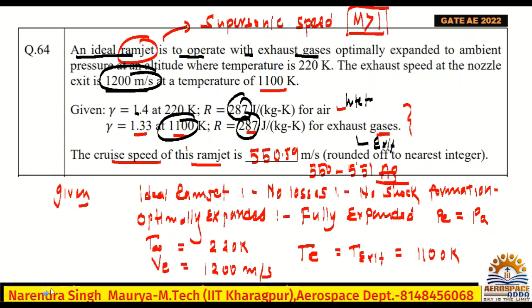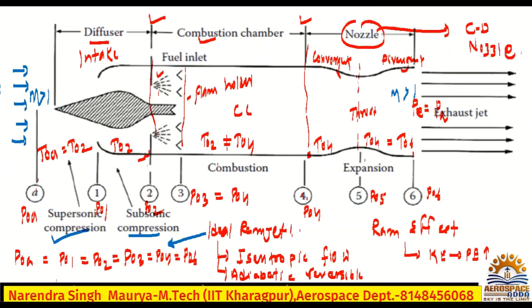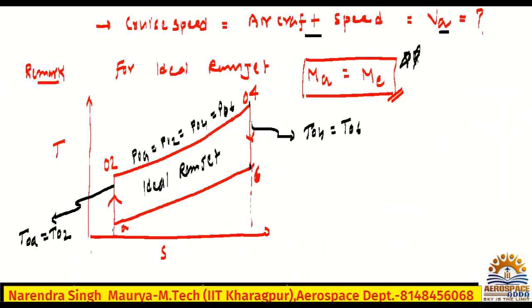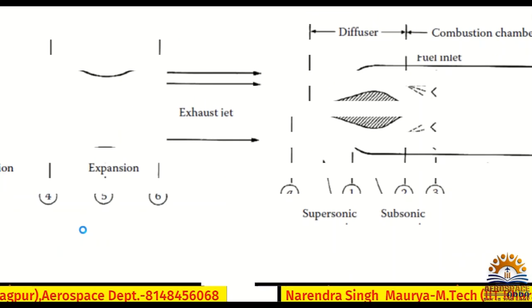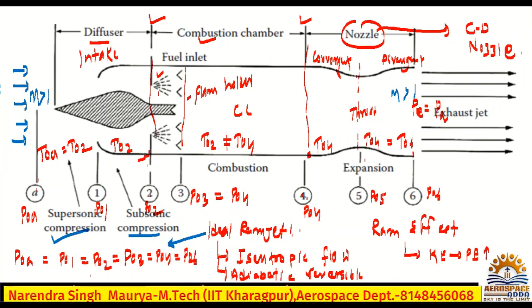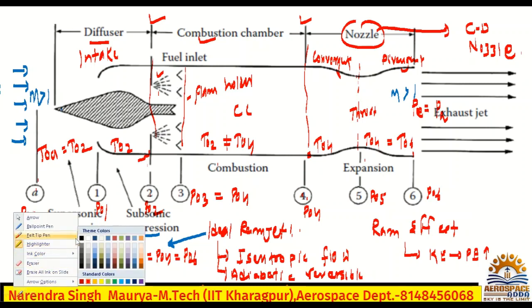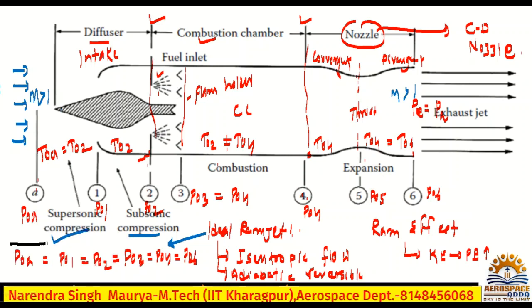So I hope this was the brief description about the ramjet, first the ramjet, and then the ideal ramjet concept I told you. What are the assumptions for an ideal ramjet? Here all the values I have written. So you need to remember, these are very important things related to ramjet. Here it is written, these are the ideal ramjet assumptions.